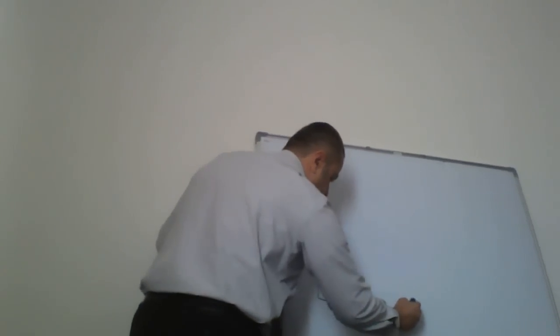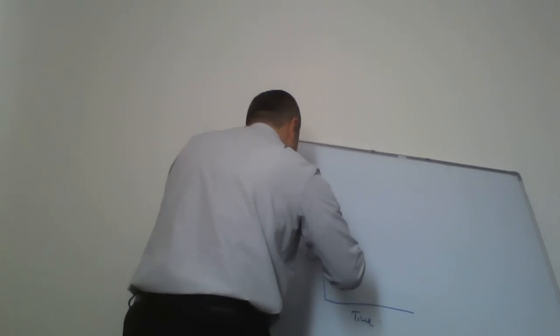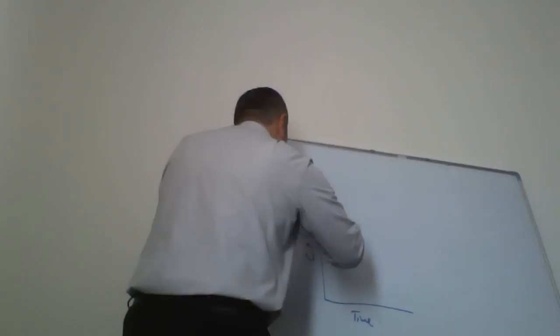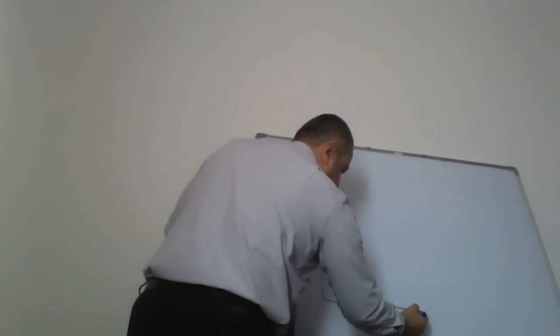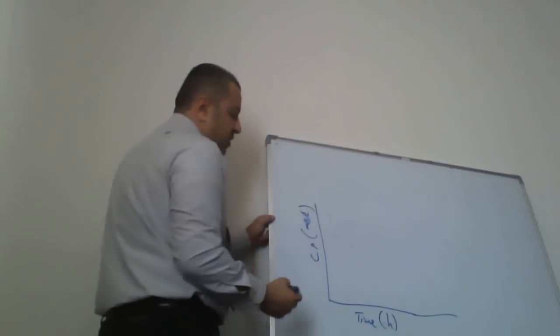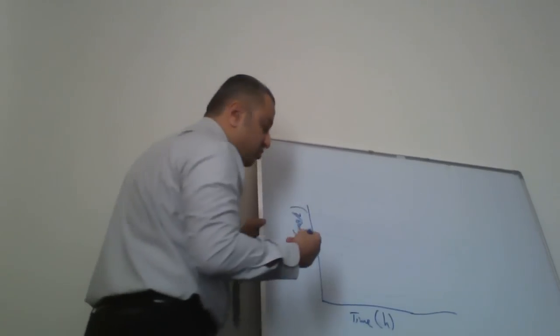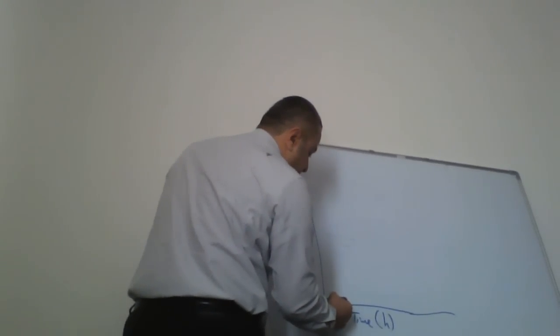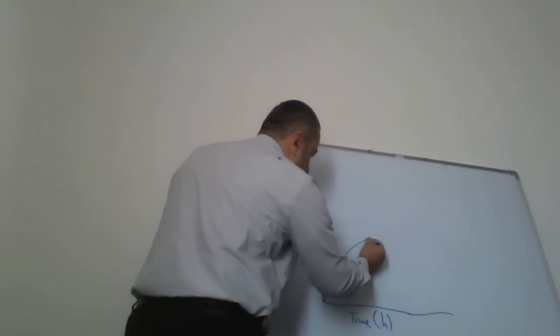You have time in hours and concentration in milligram per liter. In the beginning, you have zero concentration just when you start, and then the concentration starts to increase, but then slowly it starts to level off.